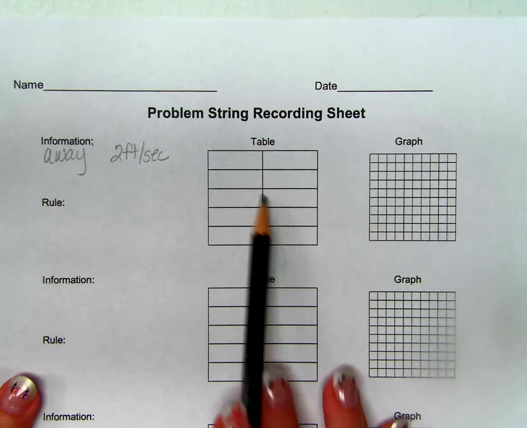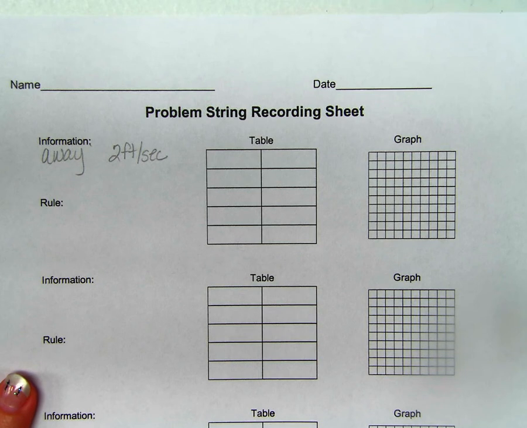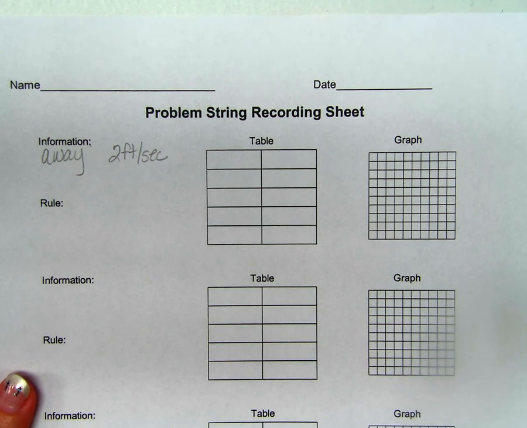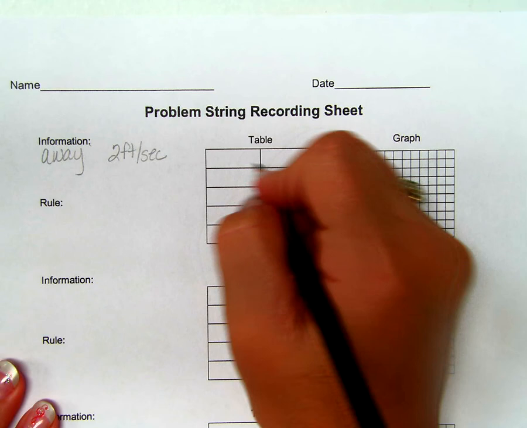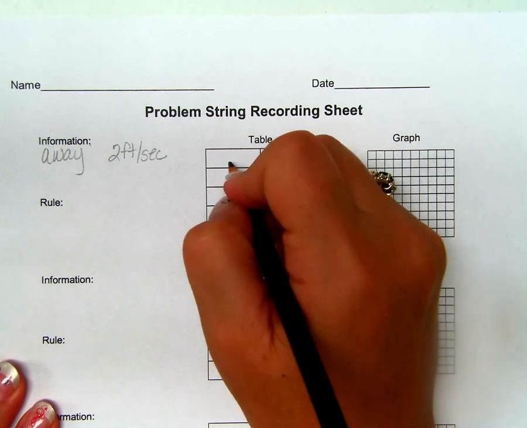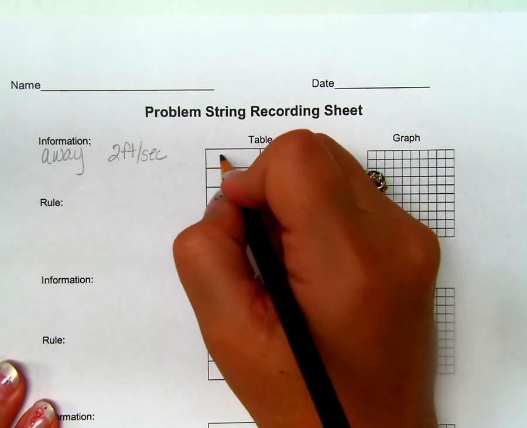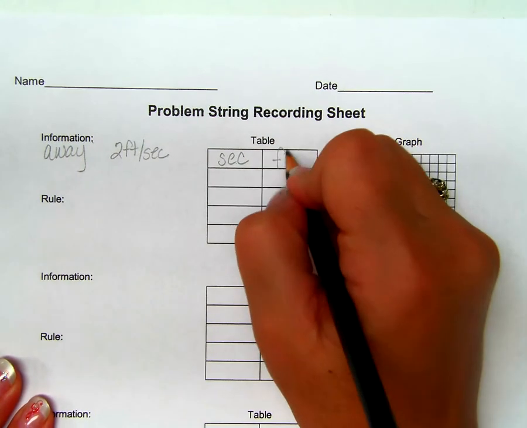When I go to make my table, what's going to go where? Besides 0 at the top, what's going to go where? This should be seconds, right? And this should be feet.